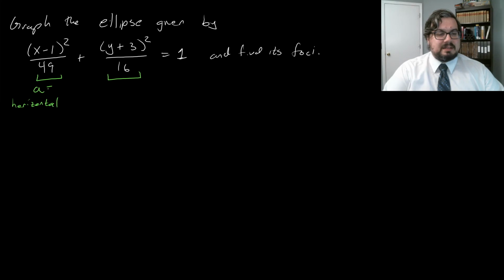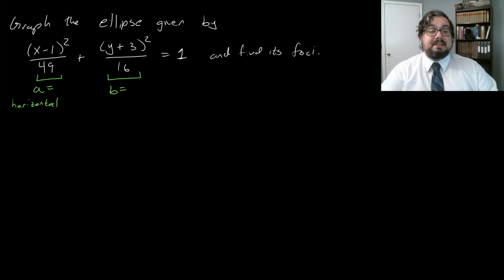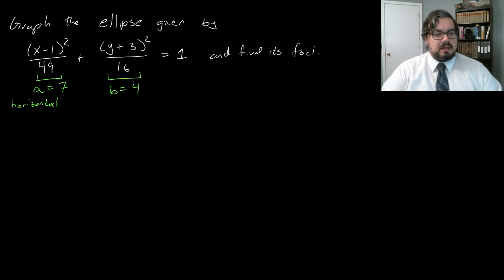which means that we can figure out what our values of a and b are. And a is going to be the square root of the larger denominator, b is the square root of the smaller denominator. So in this case, a is 7 and b is 4. Furthermore, we can read off the center from the equation.